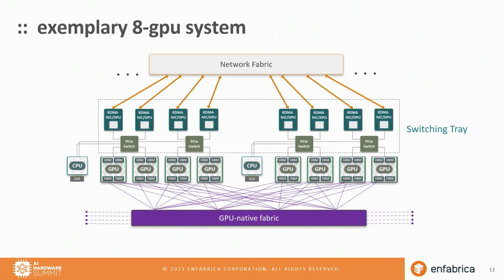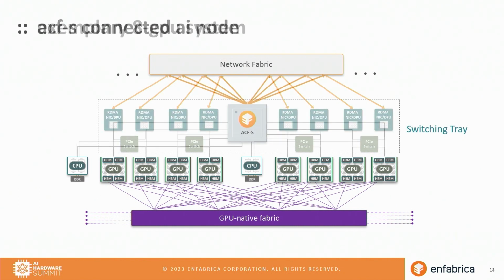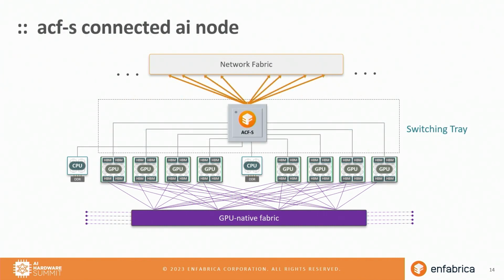Instead of having 8 RDMA NICs and 4 PCIe switches attached in this stovepipe design, consider an accelerated compute fabric device, a compute fabric switch, which connects all of the GPUs in this system together and also connects through multiple high bandwidth ports towards the network fabric. If the GPU fabric makes 8 GPUs look and act like one GPU fabric, should we not have a network device that looks and acts like at least 8 NICs?